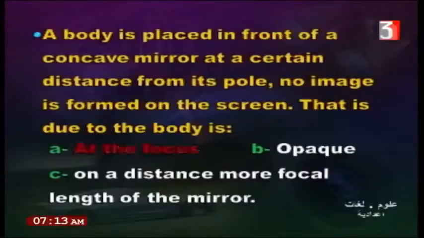Of course, because the object is placed at the focus. When the object is placed at the focus, the reflected rays are parallel, so they will never intersect and form an image. So no image will be formed because the reflected rays are parallel. Next one.